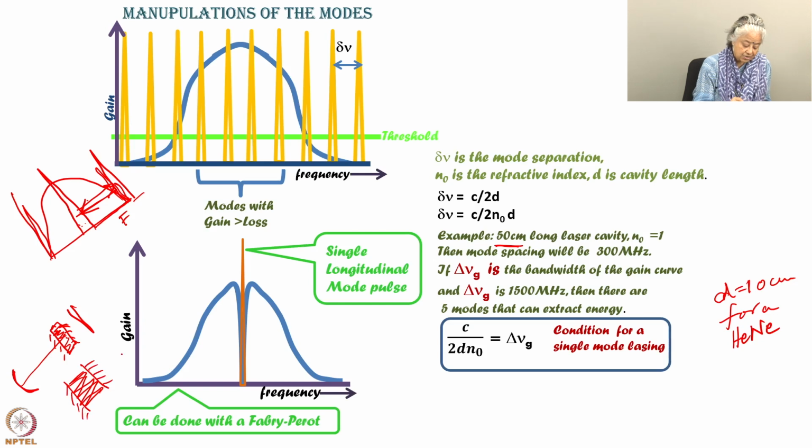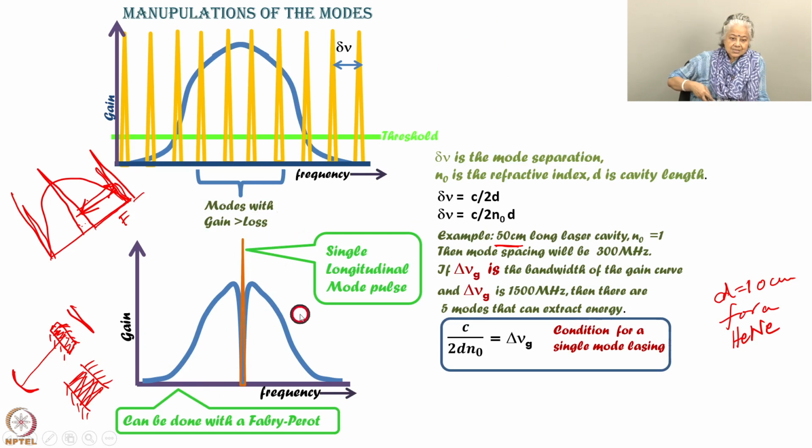And once that interference takes place, only one mode is allowed to pass through. For everything else, there is a destructive interference. Only for that one particular mode, it is a constructive interference. So, that is how I can choose one single longitudinal mode here. And I have achieved what I wanted.